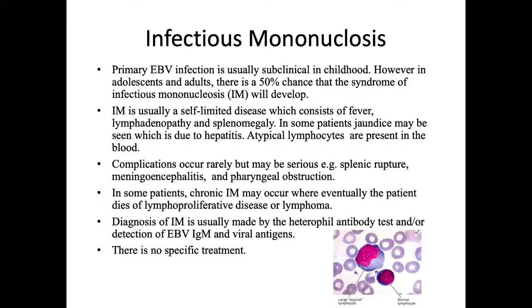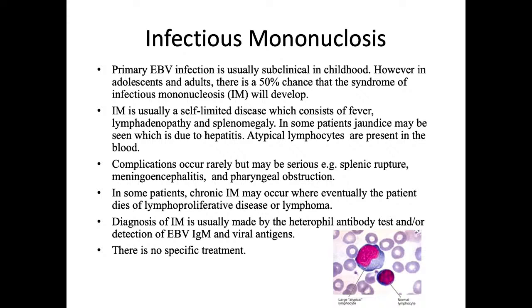Monotest detects heterophil antibodies. Our B lymphocytes, in response to Epstein-Barr virus infection, produce heterophil antibodies, which do not show high specificity. Heterophil antibodies can bind to different types of antigens, including horse and sheep red blood cells, and this ability is used in a test.